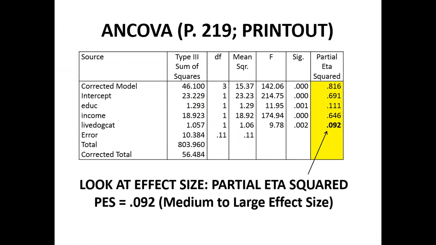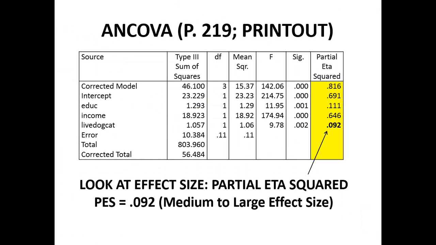Okay, also, as we always say, we like to look at the effect size of the predictors. And on page 219, one of the ways to do that in our regression model is put it in the ANCOVA function, right? So we put all the same predictors in the ANCOVA function, and it produces the partial eta squared, right?